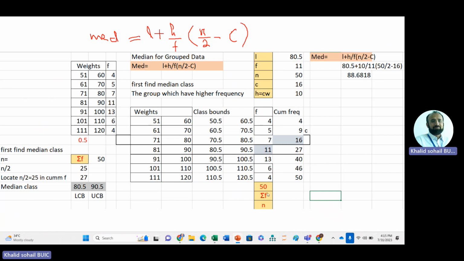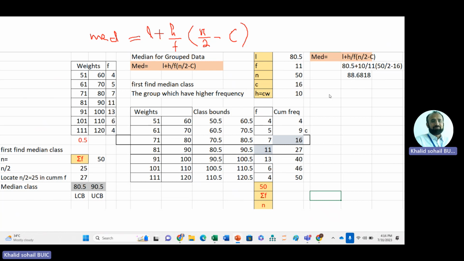N, summation F, is 50. C is basically the cumulative frequency preceding the located one, that is 16. And H is the difference between these two, 90.5 and 80.5, that is 10. After putting the values in this formula, we will get 88.68.